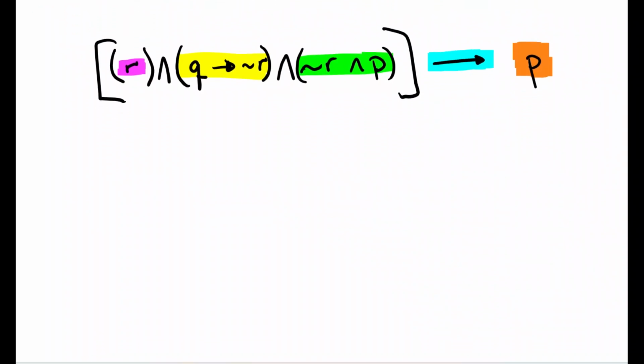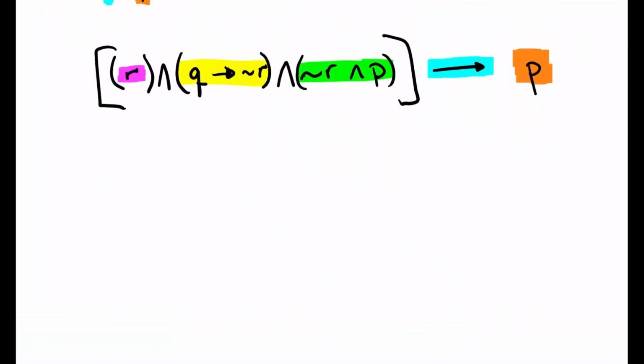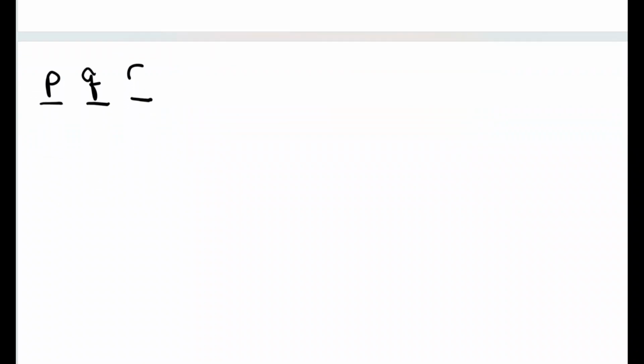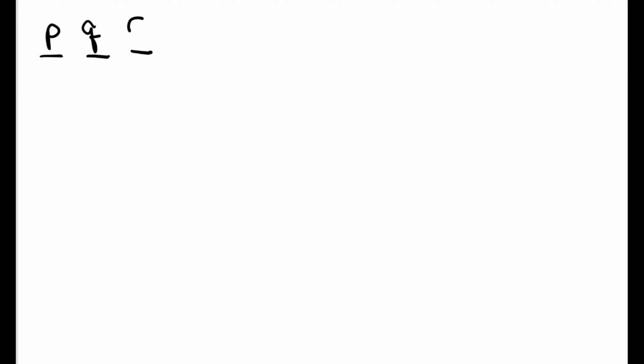Now, I have to do a truth table, so I'm going to scroll up here. Wish I could copy and paste this. To do a truth table, we are going to need the P and the Q and the R. And on a previous example, I went through that whole thing with you all. So just remember that P would be 4 T's and 4 F's.